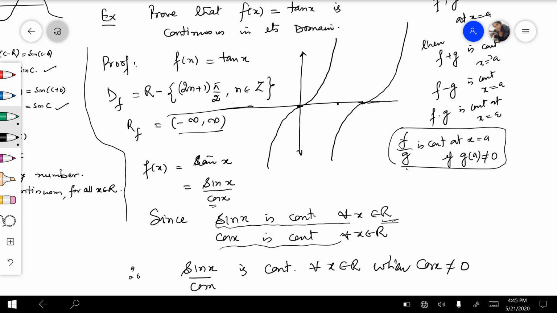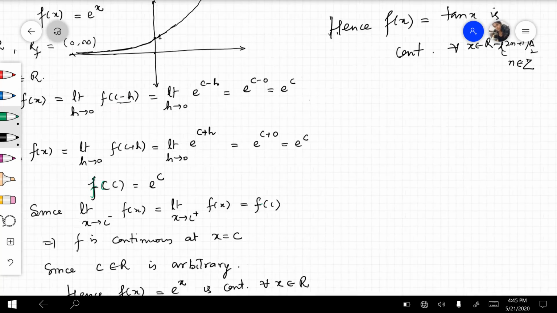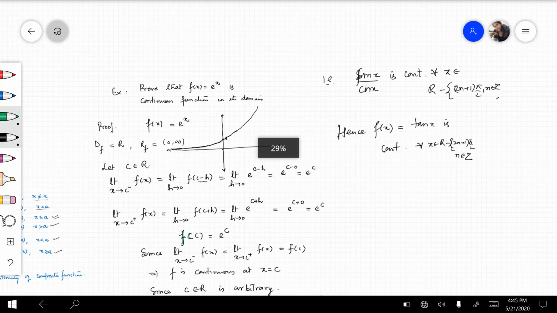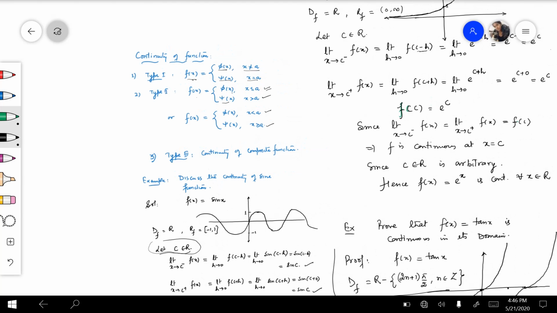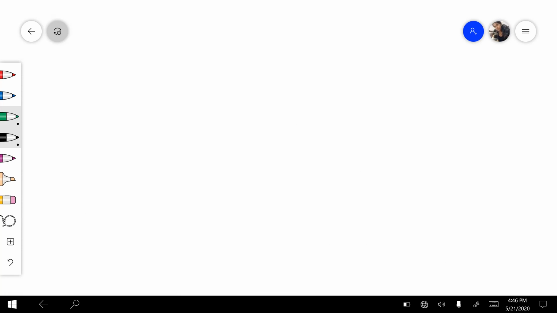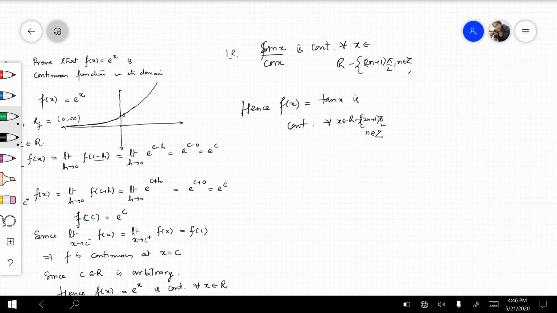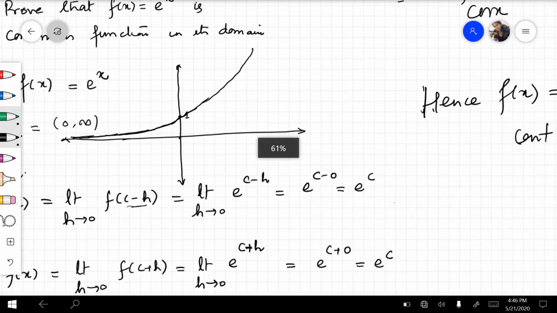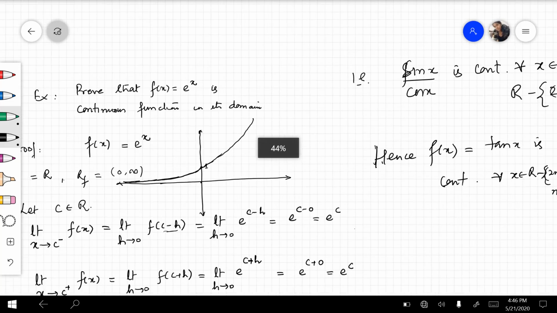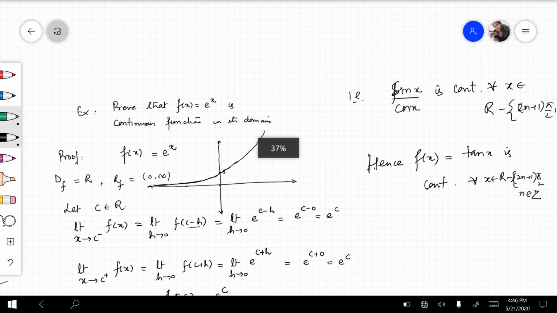Sine function is continuous, cos function is continuous, so is their quotient provided the denominator is not equal to 0. And we know that cos of x is 0 when x is an odd multiple of 90.